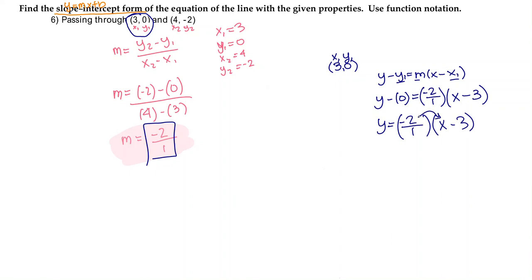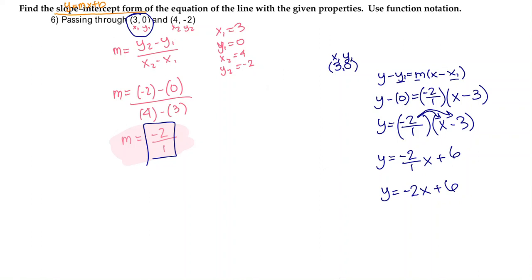And then when I distribute my -2 over 1 into my x minus 3, I get y equals -2 over 1 x plus 6. So you can leave it as this, or you can just take out the over 1 because you don't need to write the over 1. It's already assumed there is an over 1. And your answer would be y equals negative 2x plus 6.